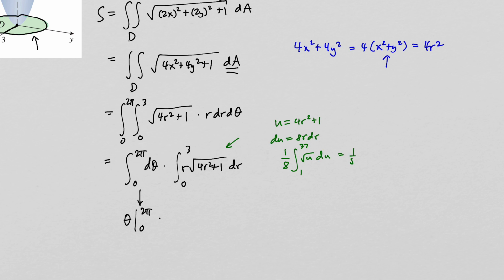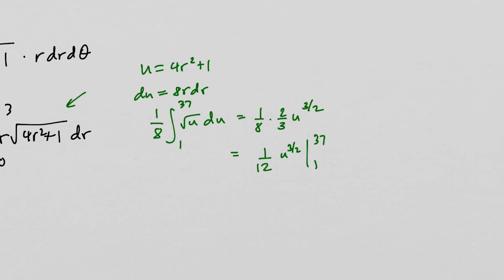Doing the math here, we have 1/8 times 2/3 u to the 3 halves, which is 1 over 12 times u to the 3 halves from 1 to 37, which is equal to 1/12 times 37 to the 3 halves minus 1 to the 3 halves, or 1/12 times 37 radical 37 minus 1.